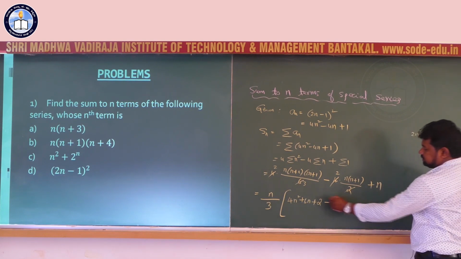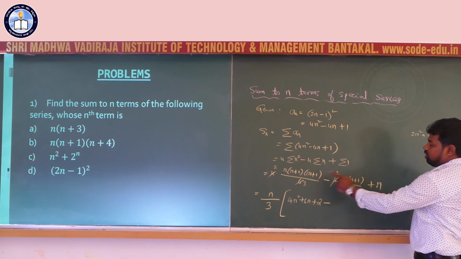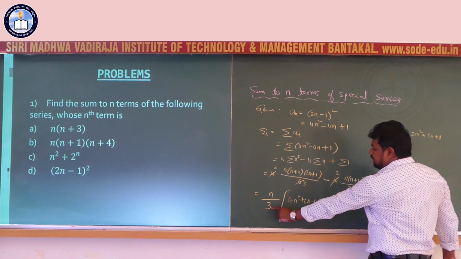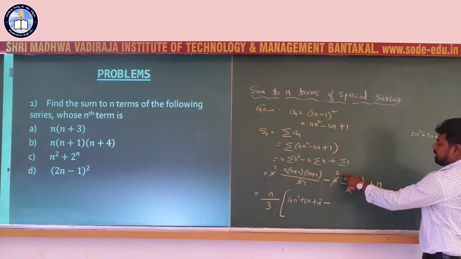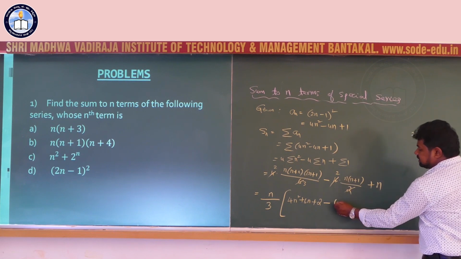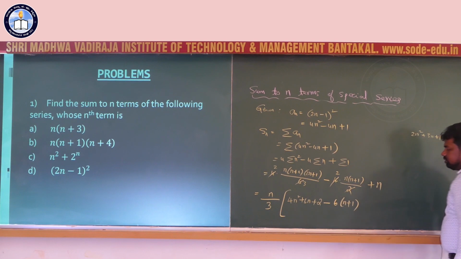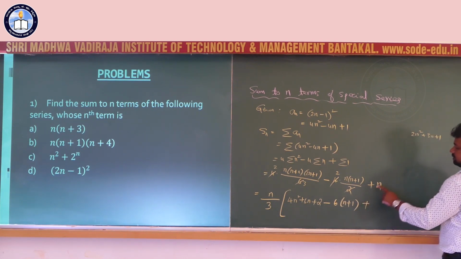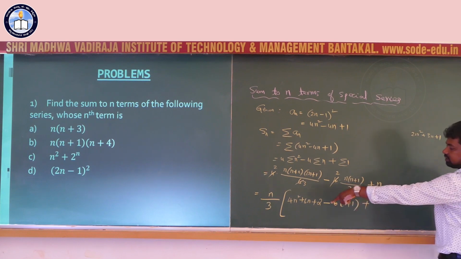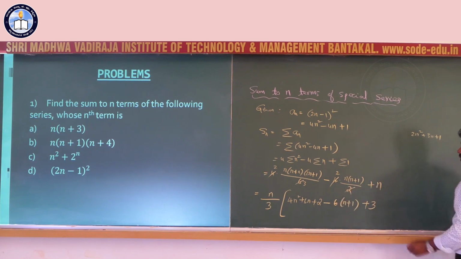minus, I take n outside, but here I take 3 also outside, so here multiplied by 3, 6, 2 into 3, 6 into n plus 1, plus, I take n outside, 3 is also outside, so here multiplied by 3.